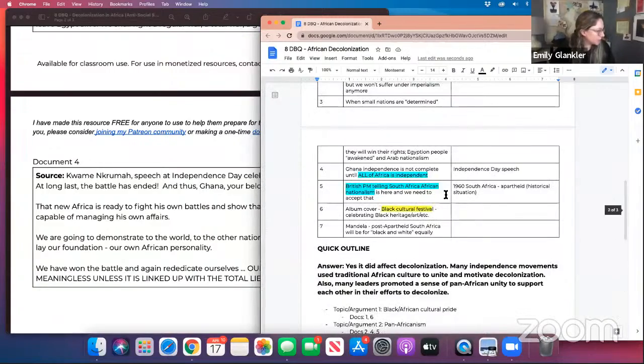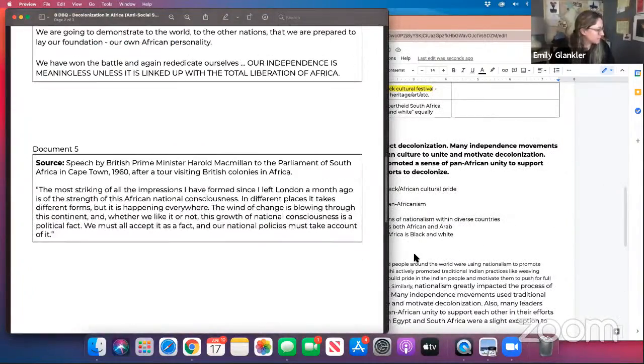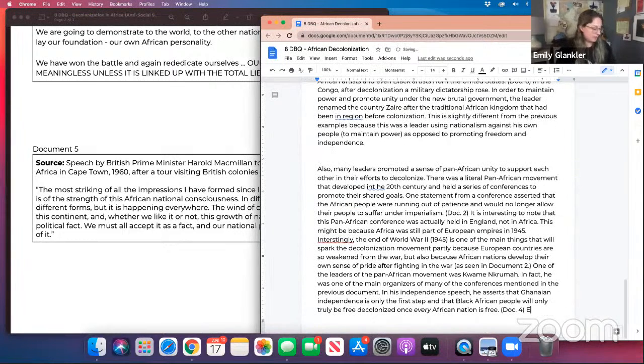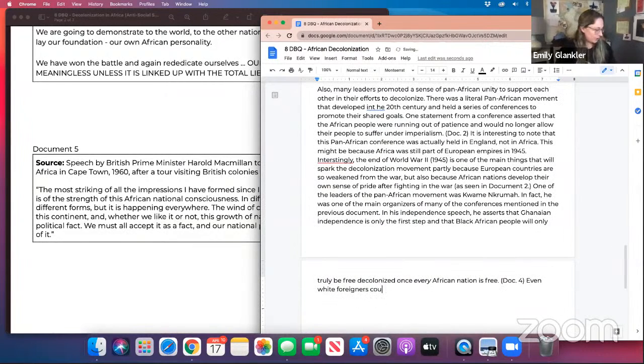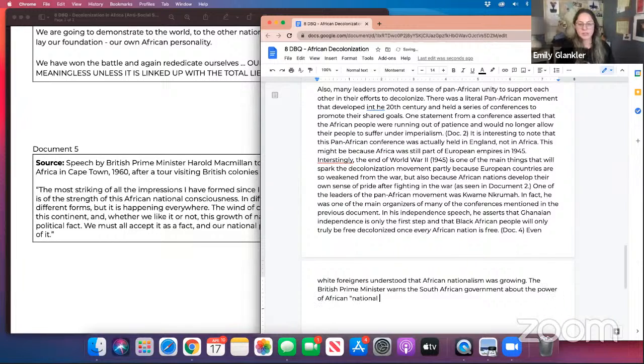What were the other documents I was going to use? I was going to use 5. Right. Even white foreigners understood that African nationalism was growing. The British Prime Minister warns the South African government about the power of African national consciousness.